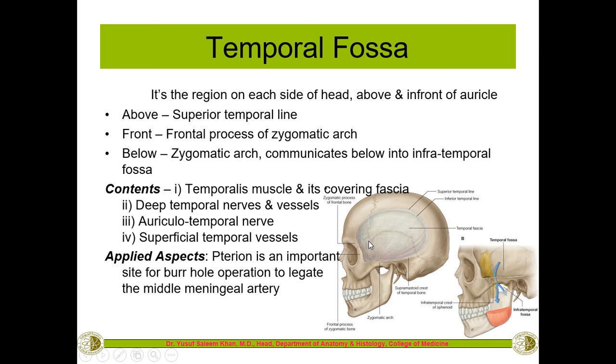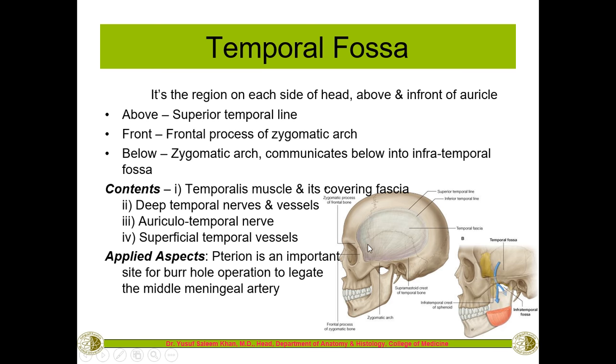Pterion is a region where four bones meet. One is the frontal bone, then we have the parietal bone, then the temporal bone, and the zygomatic bone, or the sphenoid to be more specific. These four bones meet at a particular region where it looks like the English capital letter H. So this region is called pterion.